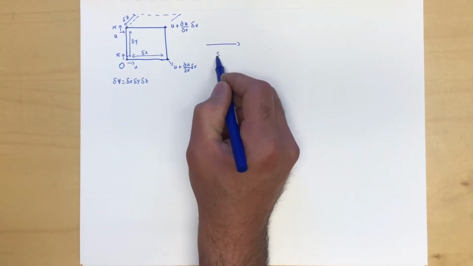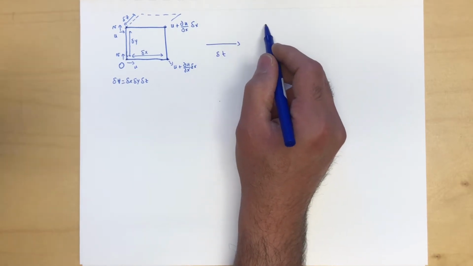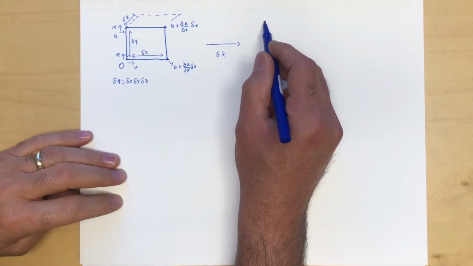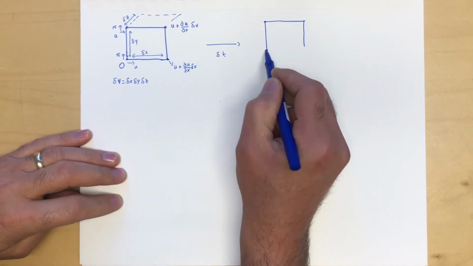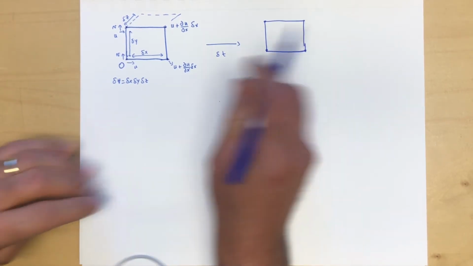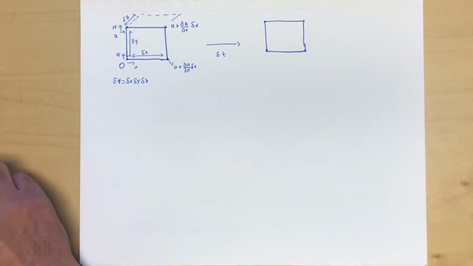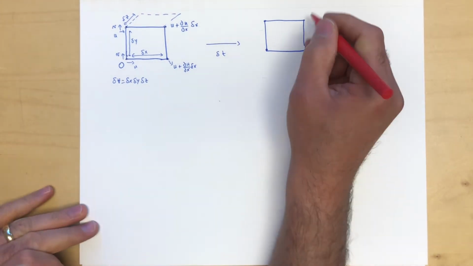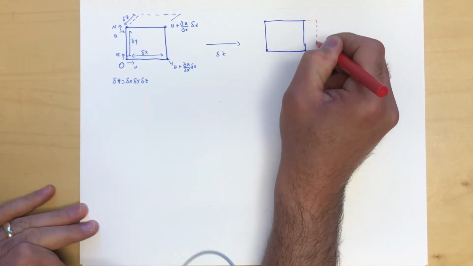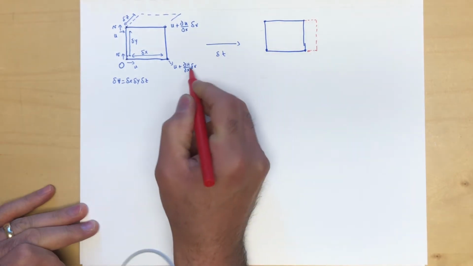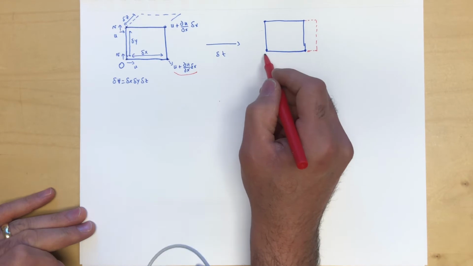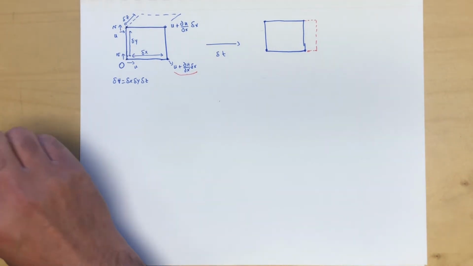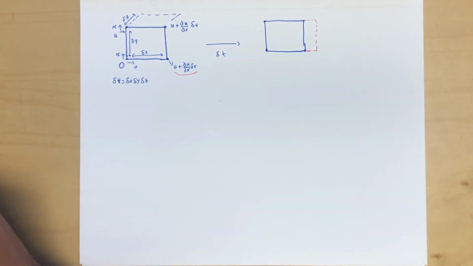So in a time increment delta t, this material volume, this infinitesimal material volume, is going to move just a little bit due to this difference in velocity. What is the distance of this movement?